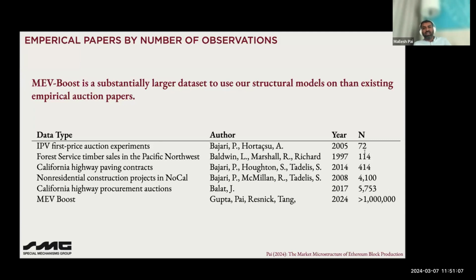I selected a smattering from people I look up to in the profession and the number of data points they had at the time of their estimation. 2024 is a hopeful year by which we get this paper out. But note that we already have, in just a year and a half, well over 1 million auctions.